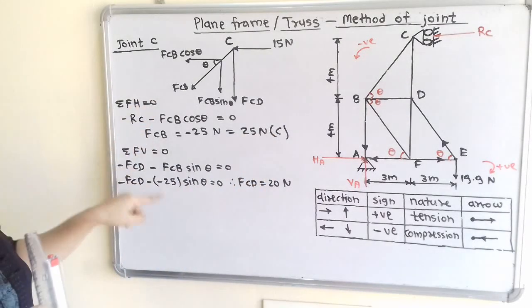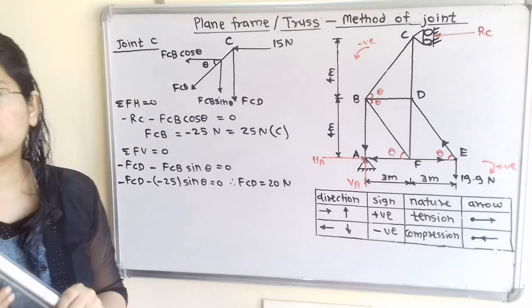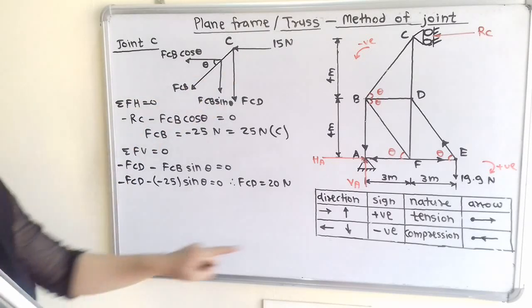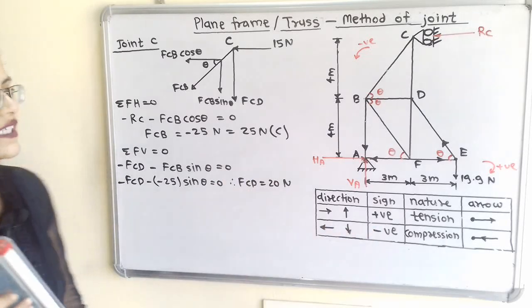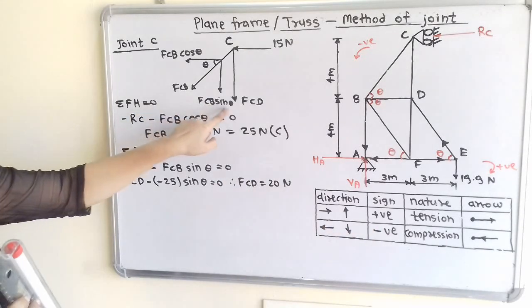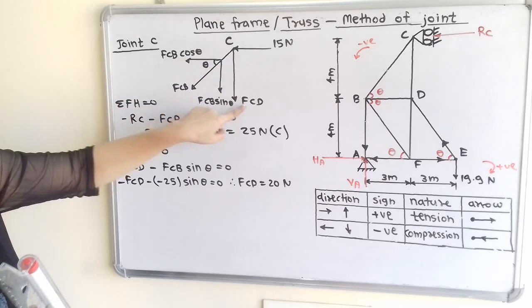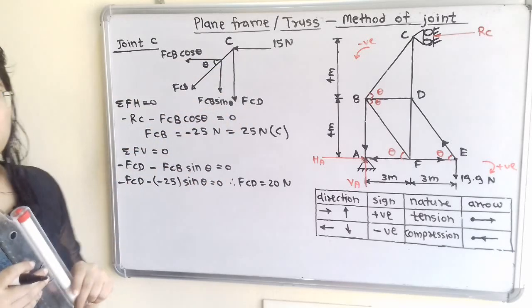Now we will apply the next rule, summation of all vertical forces is equal to 0. So if we observe for the downward direction, we have to use negative sign. So minus FCB sin theta minus FCD is equal to 0.